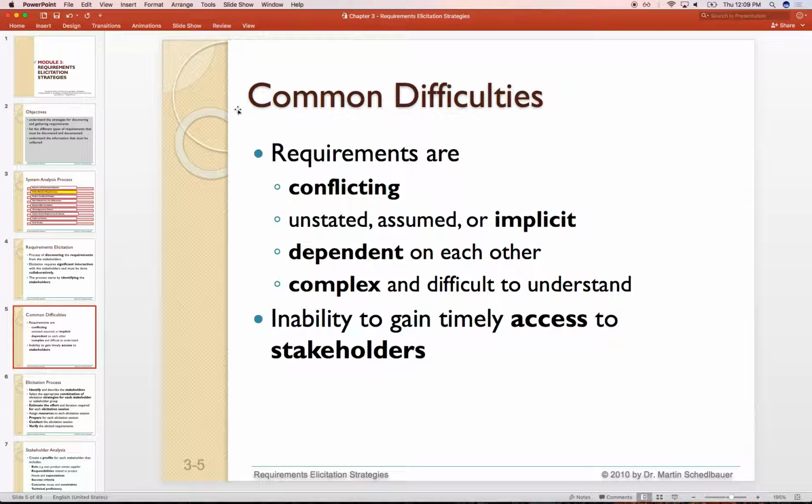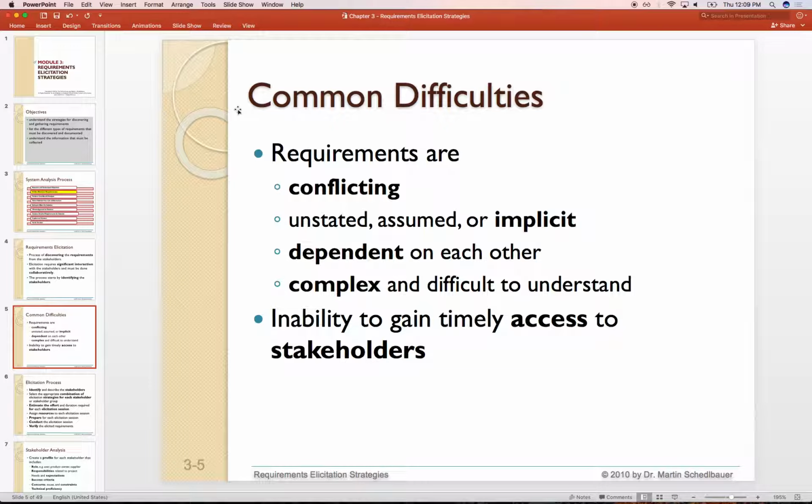A lot of the requirements depend on each other. You can't build this until you build this other thing, so they have a natural sequence. They have to be built in a particular order, or are dependent on some regulatory body, some law, or some financial reason.